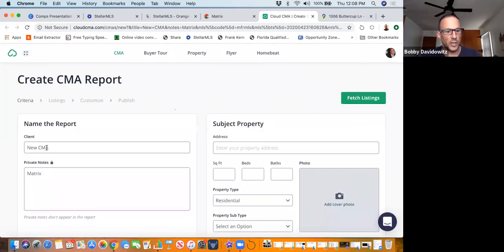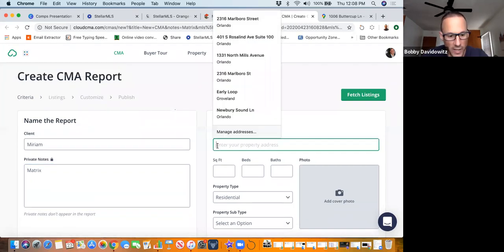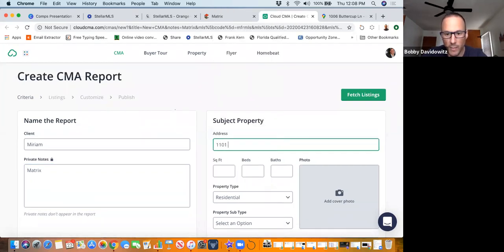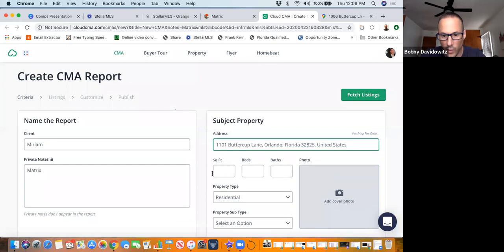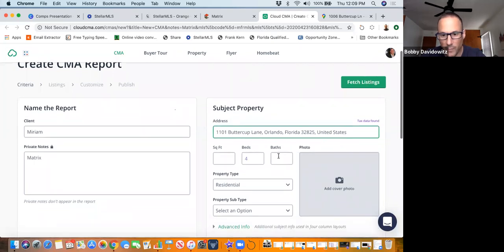So you can put in your new CMA and say, let's say Miriam is the client. You can put the client's name, and then you can put in the address, 1101 Buttercup, and it should pull up. There it is right there. That's in Orlando, Florida. We know it's 4 bed, 2 bath.